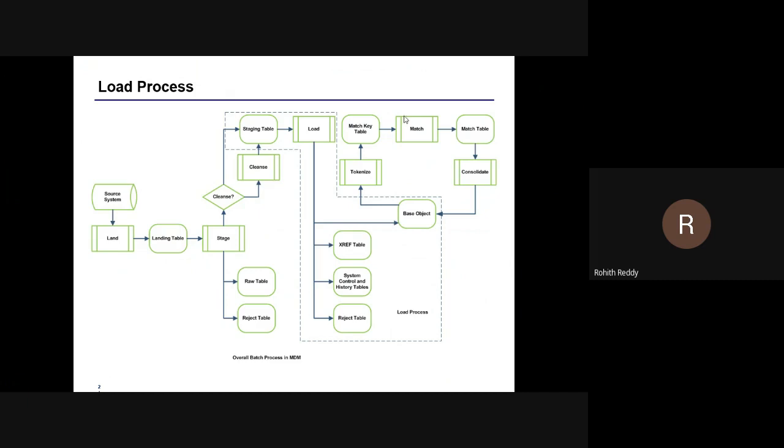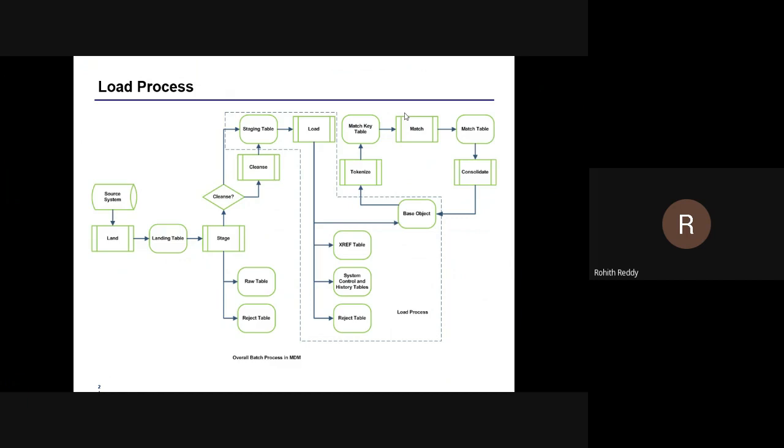And we have another match process, the fuzzy match process. As the name itself defines, fuzzy is purely based on a probabilistic algorithm. MDM runs the comparison at the back end, runs the probabilistic algorithm, and identifies similarity scores between the records.